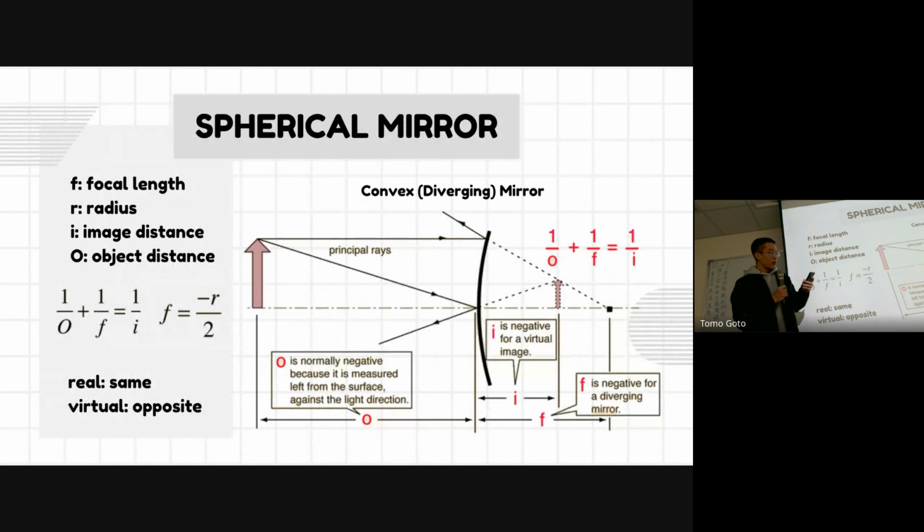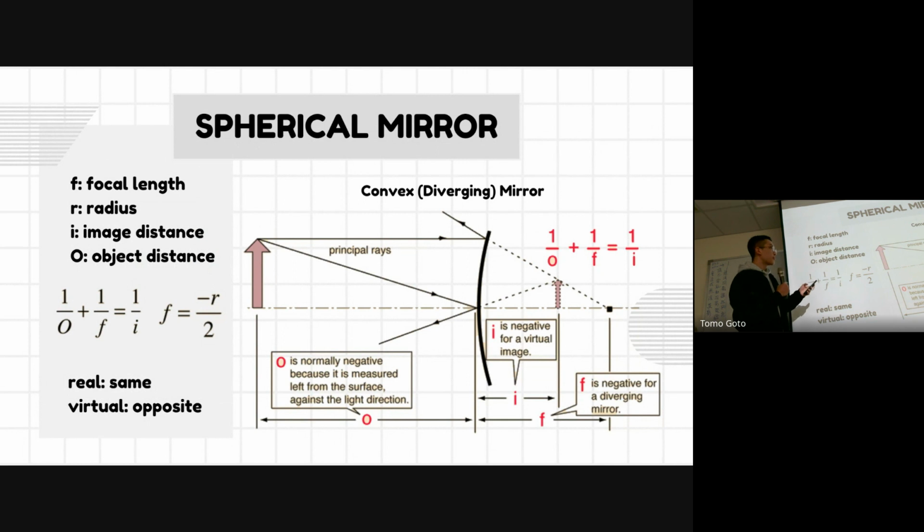First I'll explain the spherical mirror. The formula to find the image distance formed by a spherical mirror is given by 1 over the object distance plus 1 over the image distance equals 1 over the focal length. And f, the focal length of the spherical mirror, is given by negative r over 2, where r is the radius of the curve.